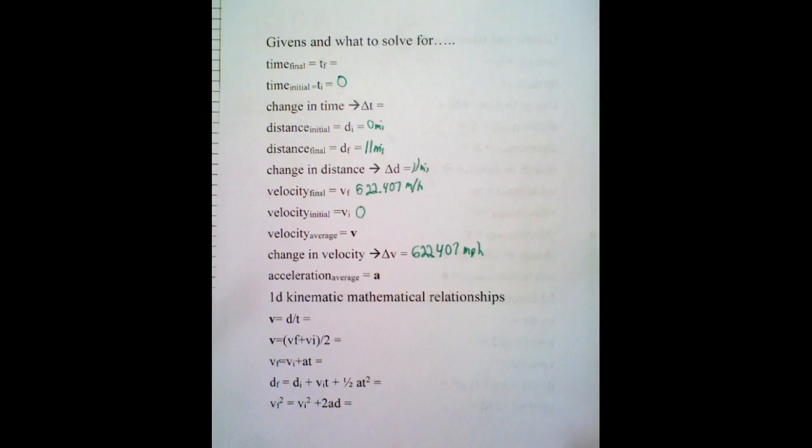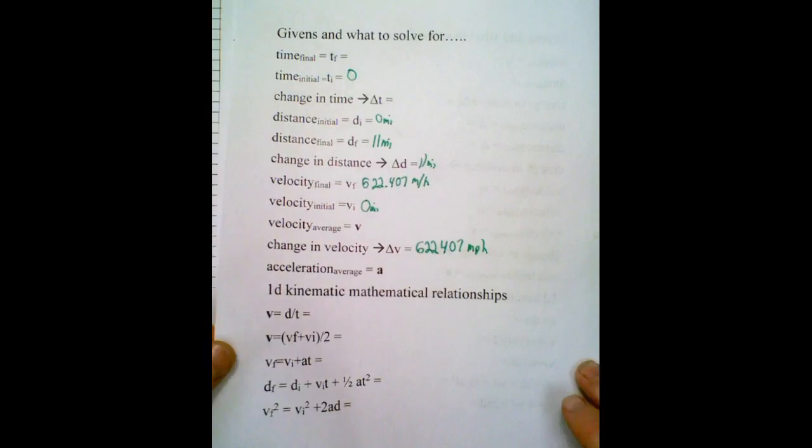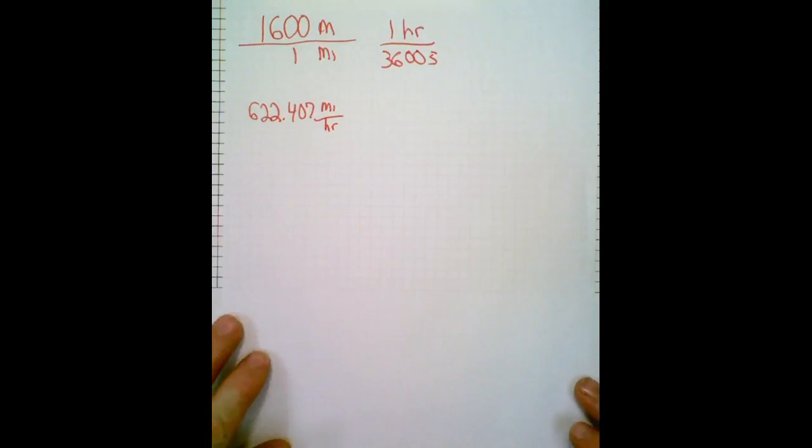So what can we figure out from this? Well, let's go for it. First of all, there are 1,600 meters in a mile. 1 hour has 3,600 seconds, 60 minutes times 60 seconds. So we have 602.407.